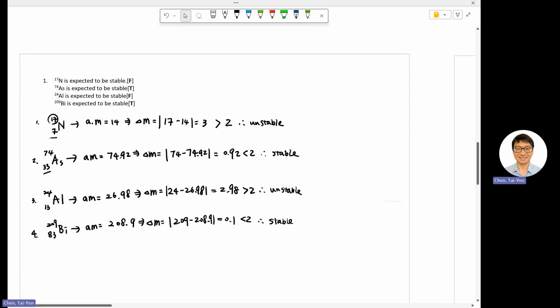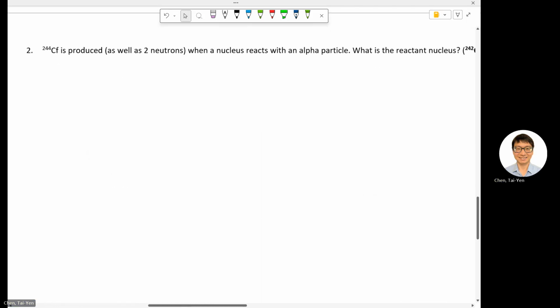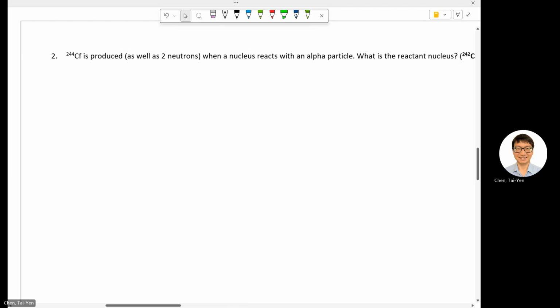Okay, so if not, let's look at the second question. It says Cf-244 is produced as well as two neutrons when a nucleus reacts with an alpha particle.